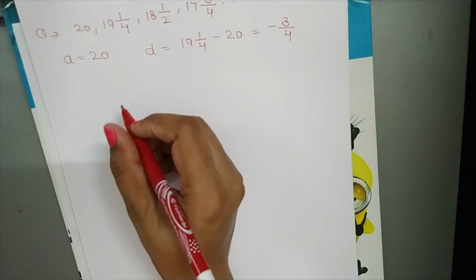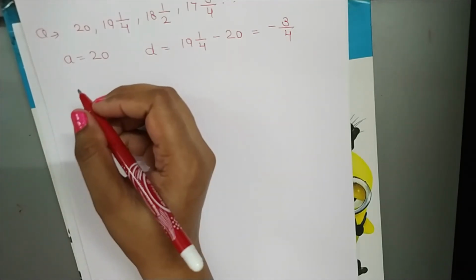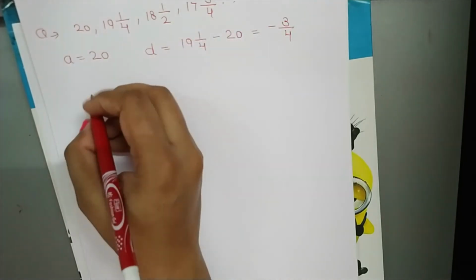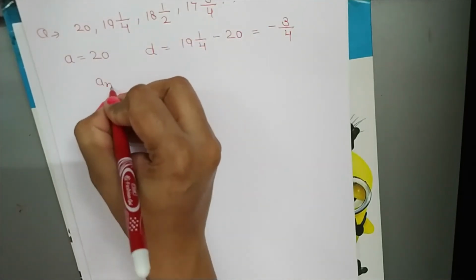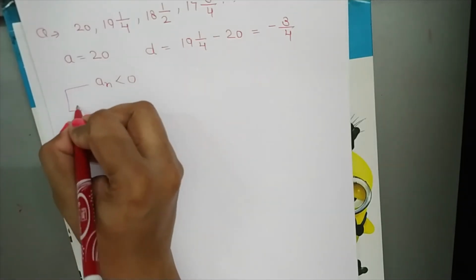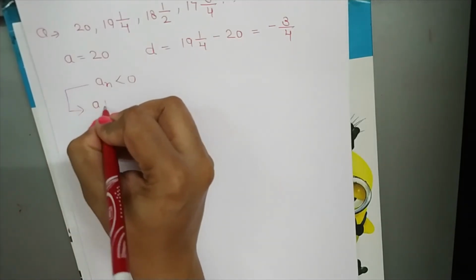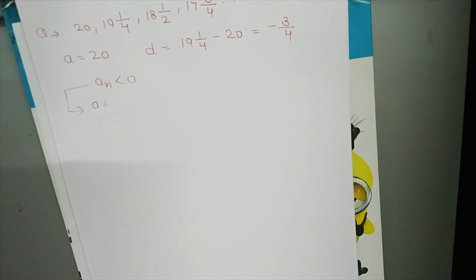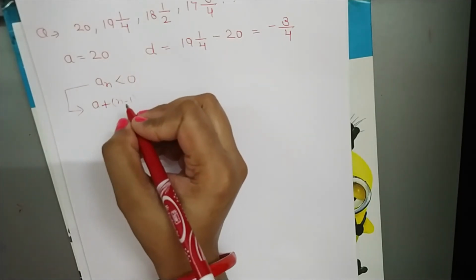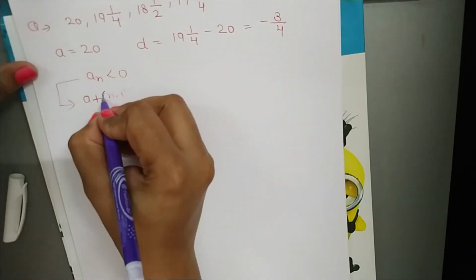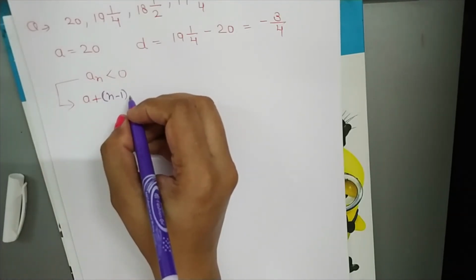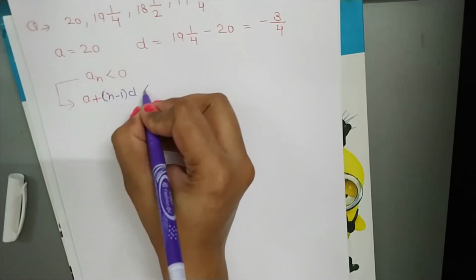So we have to find the first negative term. Let the nth term of the given AP be the first negative term. So it means an is less than 0. Now what about an? An is a plus (n minus 1) d, which is less than 0.